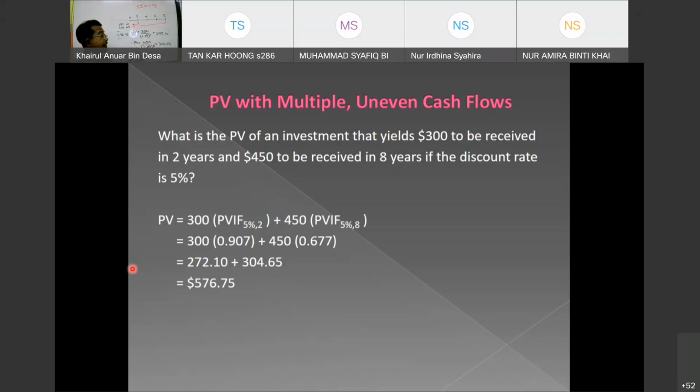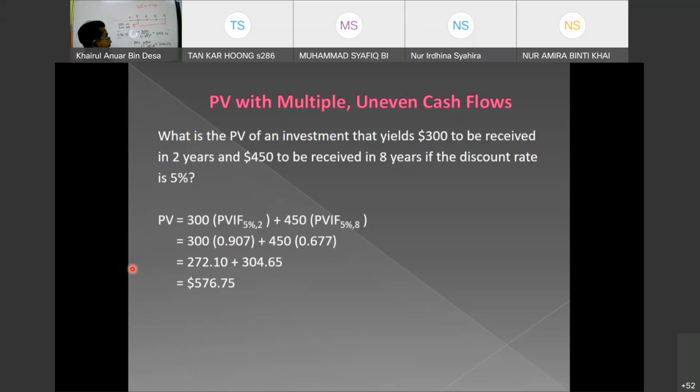Simpan dalam memory. Kemudian ambil 300 bahagi dengan memory yang disimpan tadi. Tekan equal or enter. You akan dapat this figure, 272.11. Okey. Dapat?